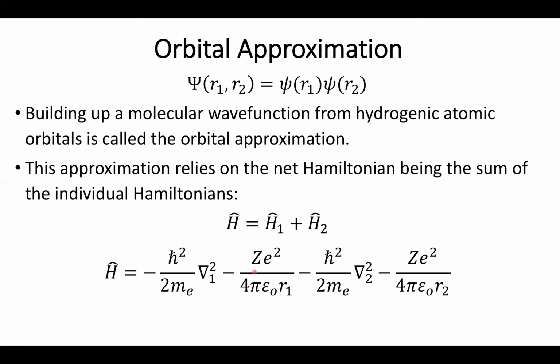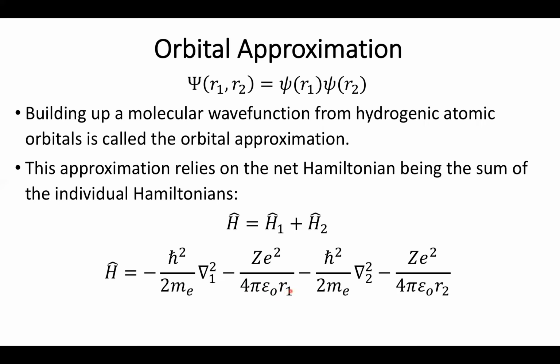So it's going to be attracted to the nucleus, so negative potential energy based on the nuclear charge, the charge of the nucleus times the charge of the electron, all over the same things we've dealt with before. Big note here, the r here is going to be the radius of the first electron from the nucleus.